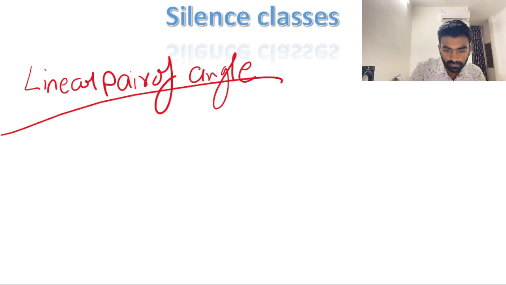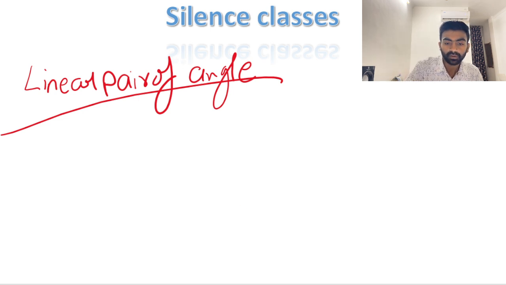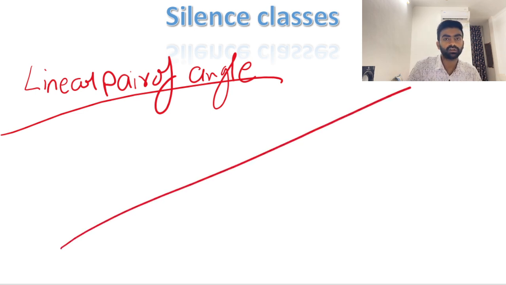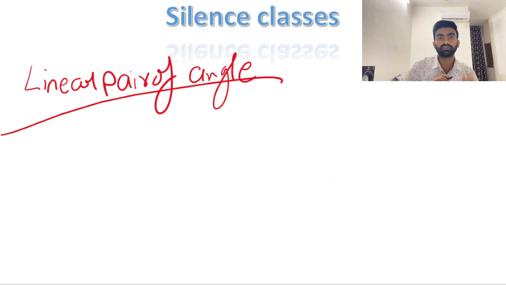Means there is a line like this, or there should be a straight line. We will not take a line like this, not like this. We have to take a straight line, whether it is like this, like this, or like this, but it should be straight.